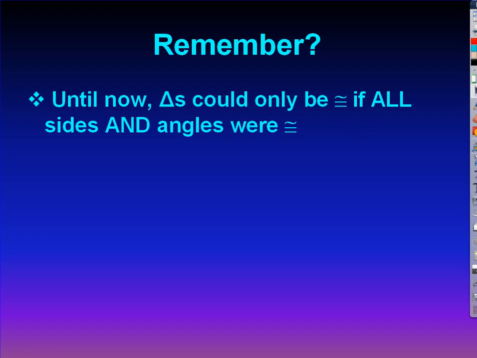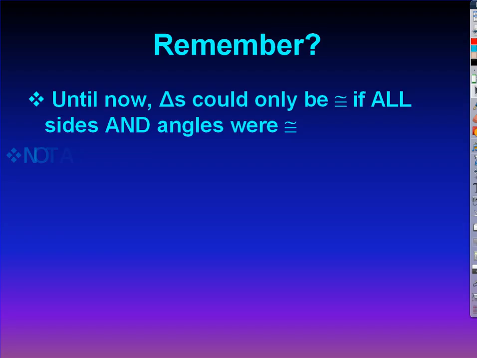We did a bunch of examples, and recall that when we wanted to prove that triangles were congruent, the only way we had was to show that all three sides and all three angles of one triangle were congruent to the 6 pieces of the other triangle. Then we were able to conclude that the triangles had to be congruent, interchangeable.